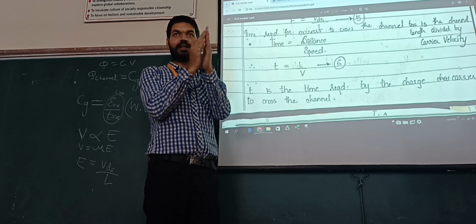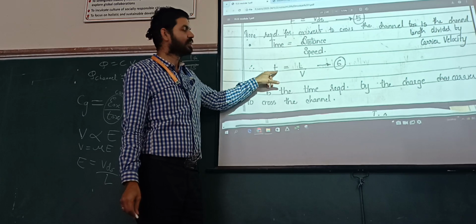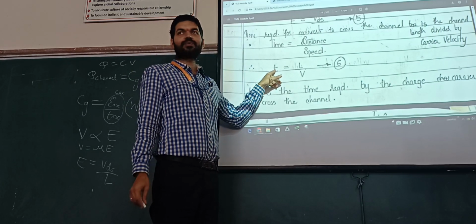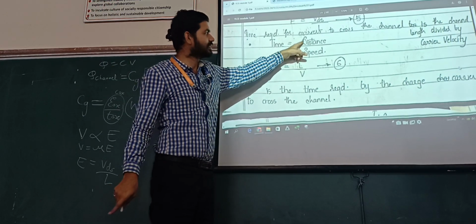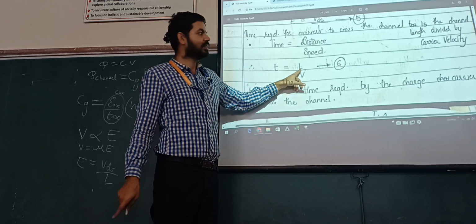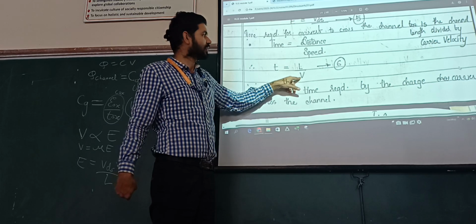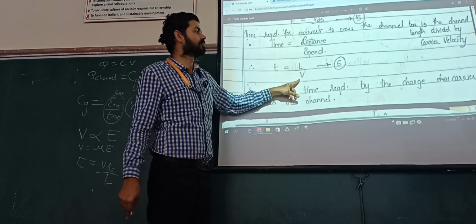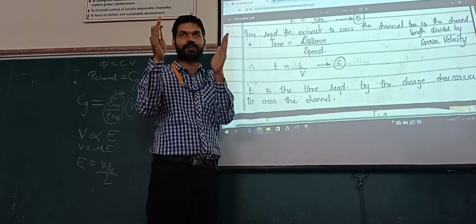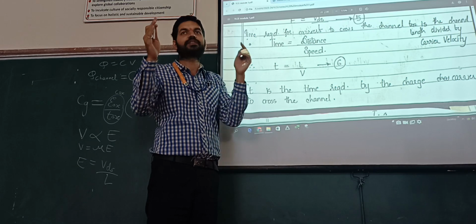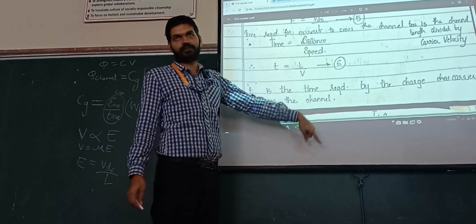L. So to travel that distance L, it takes time T. The distance covered is L, and the speed is the velocity of the electron, v. So time is distance by speed: distance is L, it should move with velocity v. So T is equal to L by v. This also I will use further.